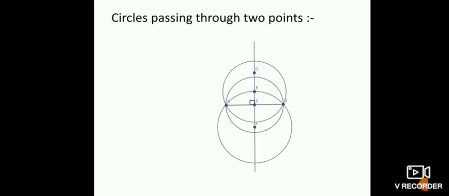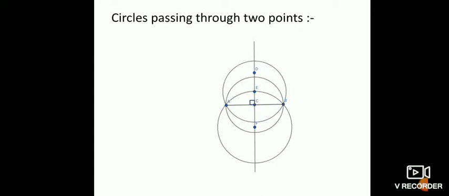Then we can see the circles passing through 2 points. We can take the point A and point B in the plane. Then draw the segment AB. Then we can draw the perpendicular bisector of the segment AB.